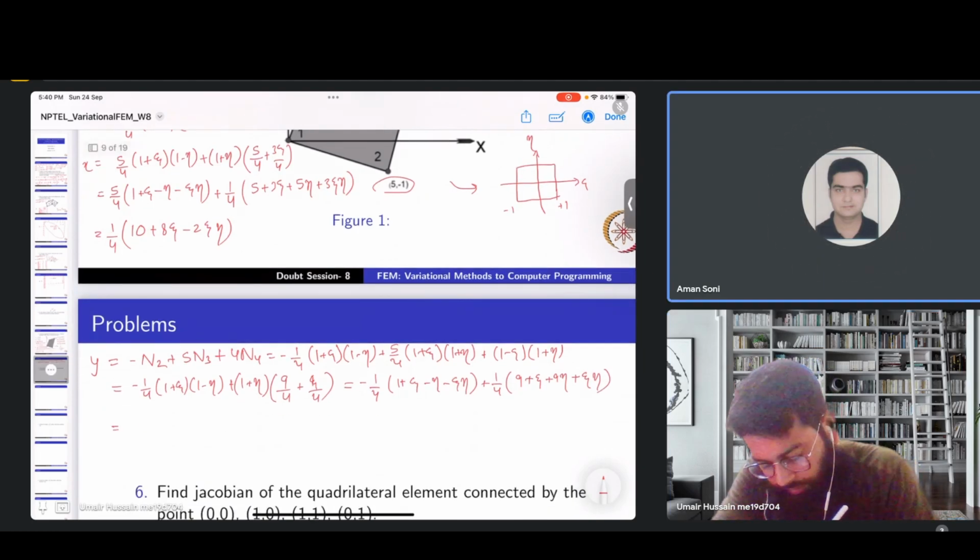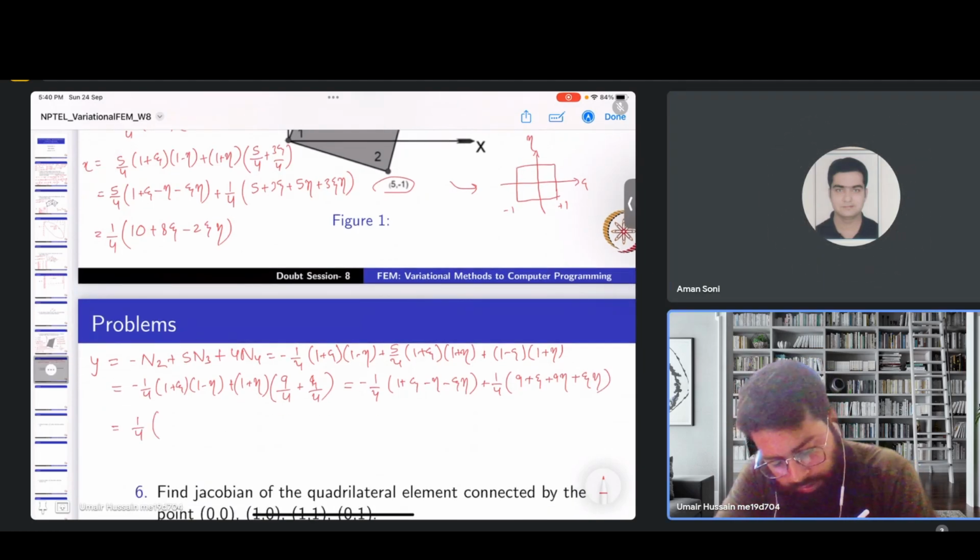So 9 by 4, minus 1 plus 9, 8, minus xi plus xi 0, plus alpha plus beta is delta, and we have plus alpha xi plus beta xi is 2 xi.